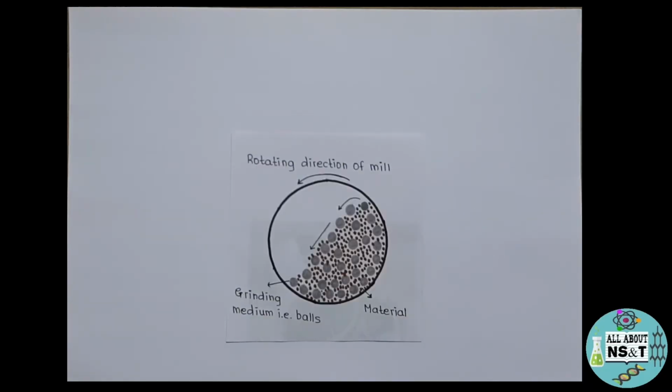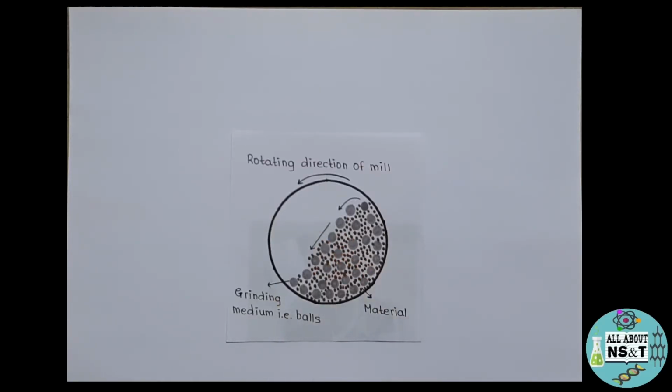So to understand how it works, let's just look at this picture. This entire round or circle is the container. This container is filled with the metal balls and our material. The brown portion indicates the material, while the grey circles indicate the grinding medium or balls. What happens during the process is we subject this container to high speed rotation.